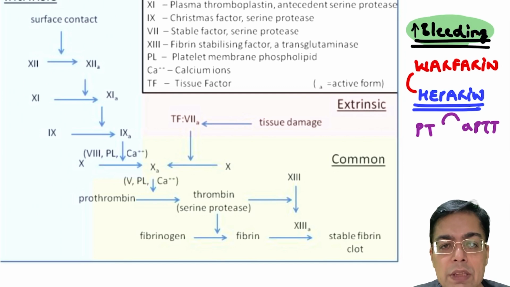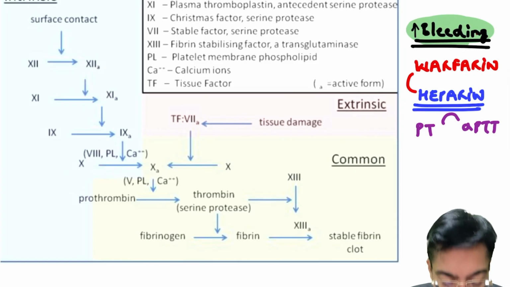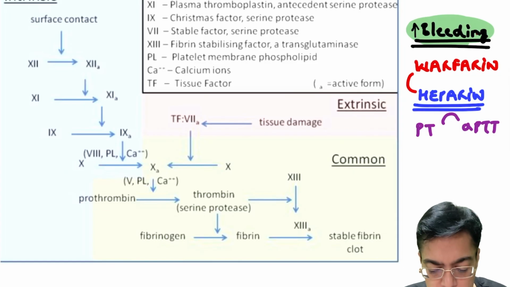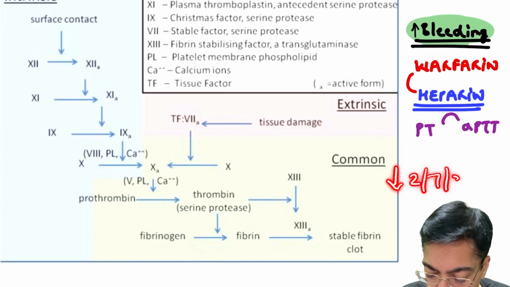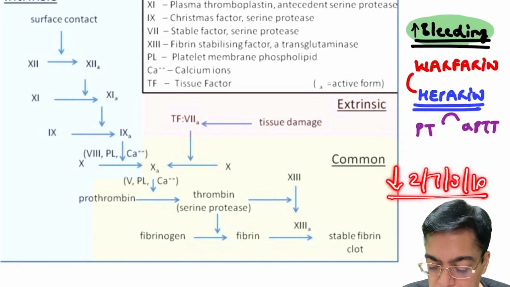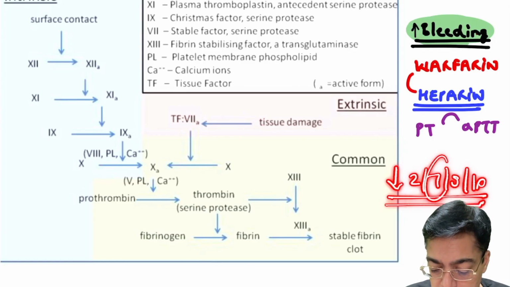And which are the factors that have vitamin K dependence? Factor 2, factor 7, factor 9 and factor 10. If you inhibit factors 2, 7, 9 and 10, their levels go down. Which of these factors is going to disappear first? The factor that runs away first is typically factor 7.